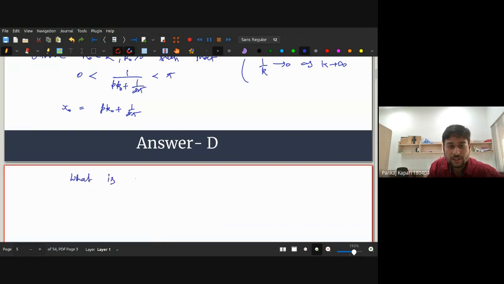Can anyone tell what is f of x naught? So this is some number, f of x naught, because f of x naught is just sine of 1 divided by x naught, but x naught is p times k naught plus 1 over 2 pi, right?